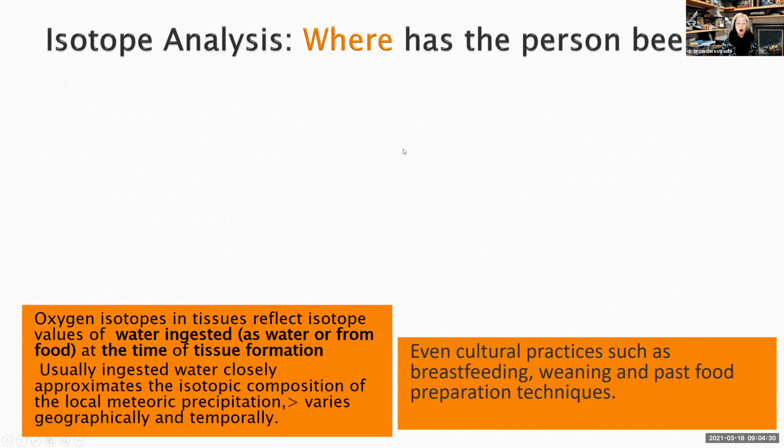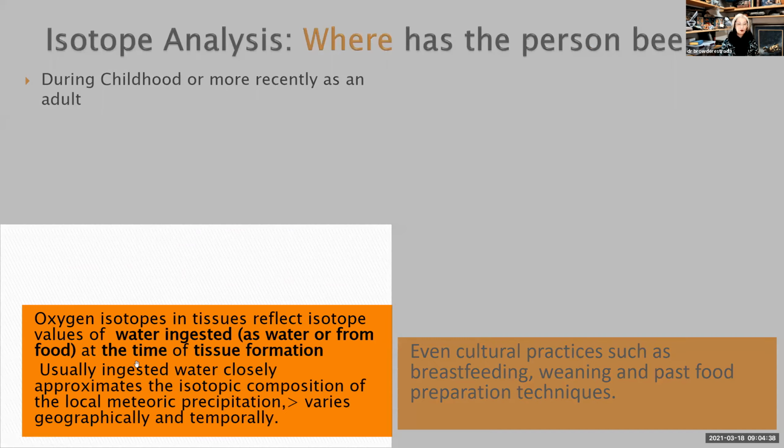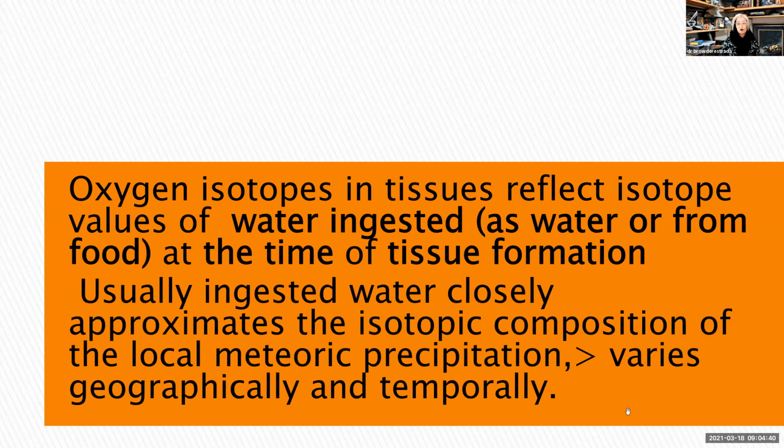So let's look a little bit more on where. And I will make this bigger for you right now. Easier for you to take a look at. Oxygen isotope in tissue actually gets into your bone or dental tissue because it's present in the water.